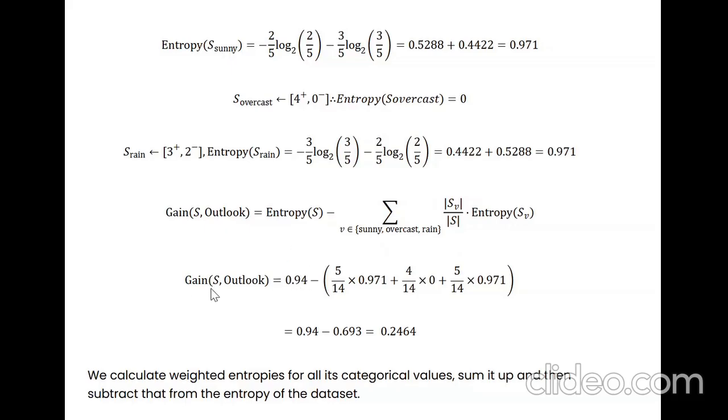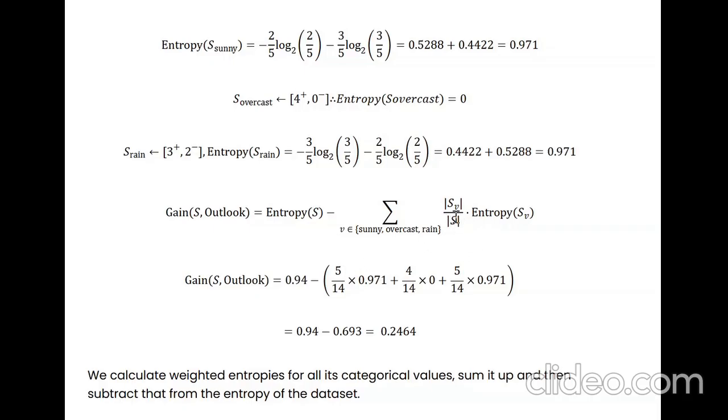Gain of S with respect to outlook is 0.94, the entropy of S, minus the weights. Let us take V as sunny first: mod of S sunny upon mod of S. As we saw earlier, there are 5 instances of sunny, therefore mod of S V is 5.